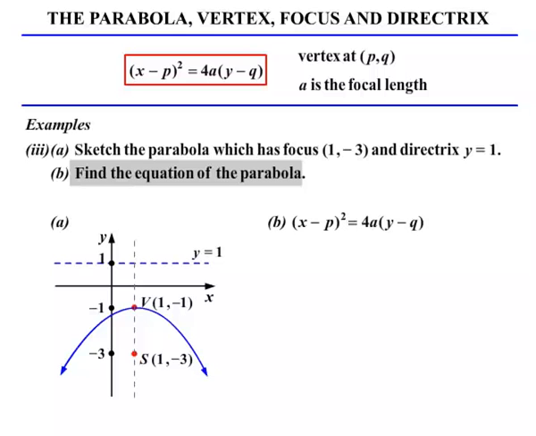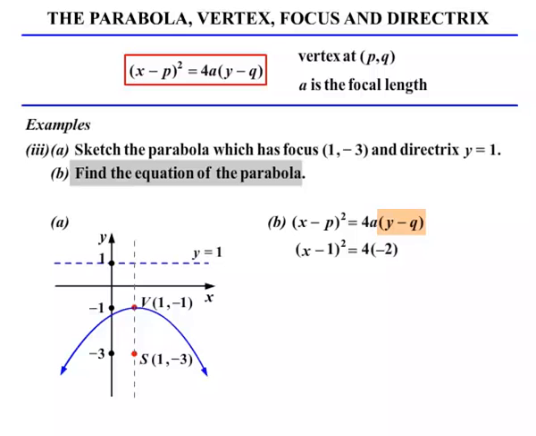So we're up to finding the equation of the parabola. So it's of that type certainly, okay, because the vertex is not at the origin. Now we say x minus p squared, where we do the opposite, alright, so we're going to be writing x minus 1 squared equals 4a, where a was 2, but because it's an upside down parabola, 4 times minus 2.